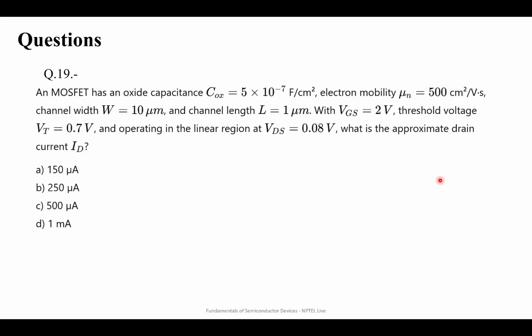With VGS equals 2 volts, threshold voltage VT equals 0.7 volts, and operating in the linear region at VDS equals 0.08 volts, what is the approximate drain current ID? 150 microampere, 250 microampere, 500 microampere, 1 milliampere.